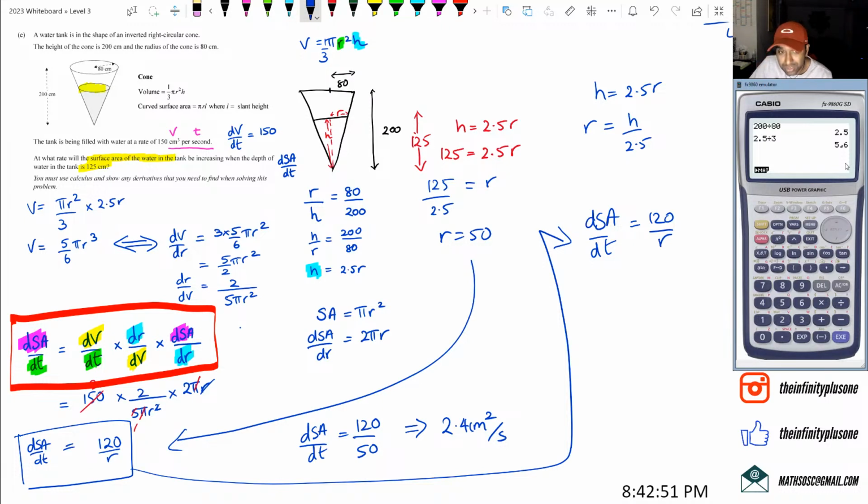You can still do that here, because you'll get the same answer. If you go 120 divided by h divided by 2.5, and the height was 125, so 120 divided by 125 over 2.5, you're still going to get that same rate of 2.4. So let's try it out. 120 divided by 125 divided by 2.5, I'm still going to get that same 2.4. They're just making you do an extra step. That's all.